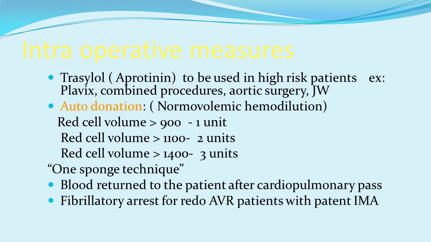Intraoperative measures include aprotinin, autodonation, and a one sponge technique. Blood is returned to the patient after cardiopulmonary bypass, and fibrillatory arrest is used for redo AVR patients and in-patient IMA.